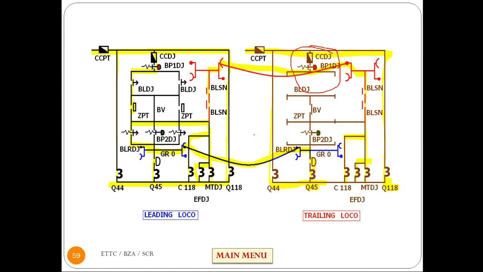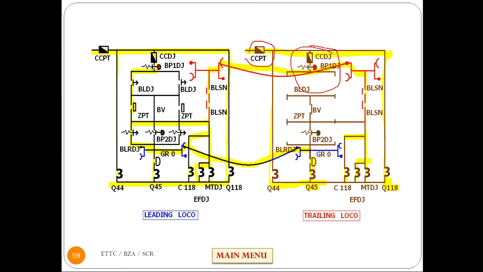Similarly, in the trailing loco, if you press the BP1 DJ, there will not be any action. If Q108 is not energized, then this particular loco DJ will trip. Similarly, if any branch, that is the Q44 branch or MTDJ branch, gets open circuited, then automatically that particular loco trips.